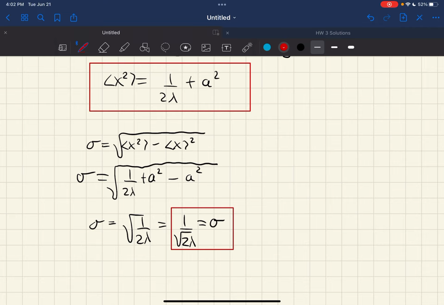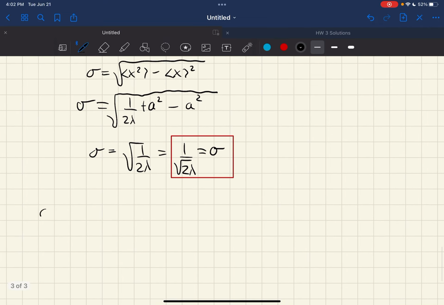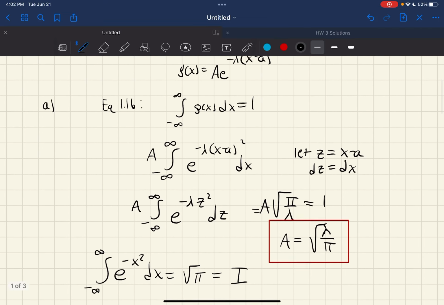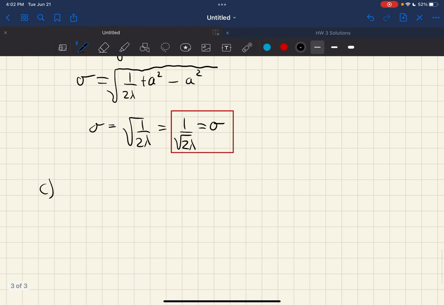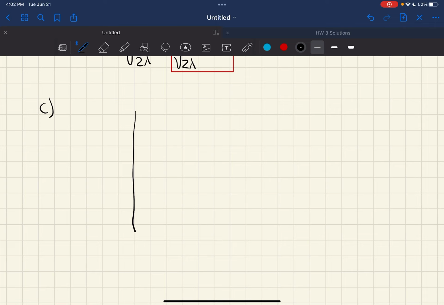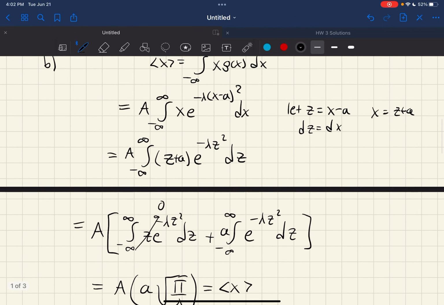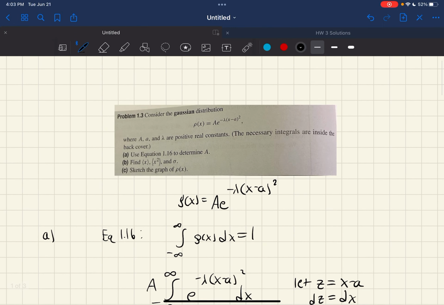And real quick, part C is pretty fast. It just asks us to sketch the graph of rho of x. So the graph of rho of x is going to look something like this. It's a Gaussian distribution, so it'll have that general shape, but you see that when x equals a, rho of x is maximized.